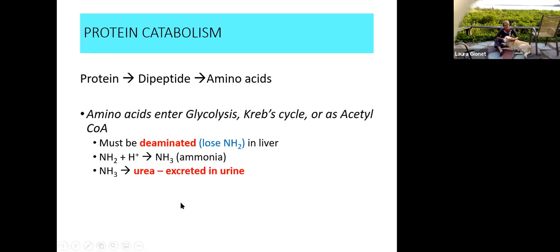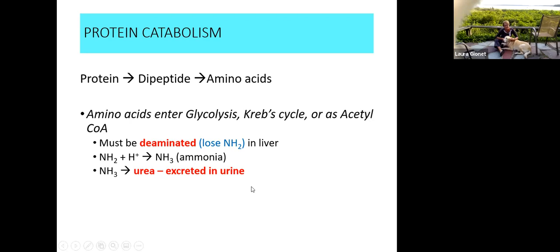Right, protein catabolism, breaking it down. Well, we know we take proteins, we break them down into dipeptides and ultimately amino acids. Amino acids can enter into glycolysis, into the Krebs cycle, or as acetyl CoA. So it has a couple different paths. But it must be what's called deaminated. We need to get rid of the nitrogen on the protein molecule, right?